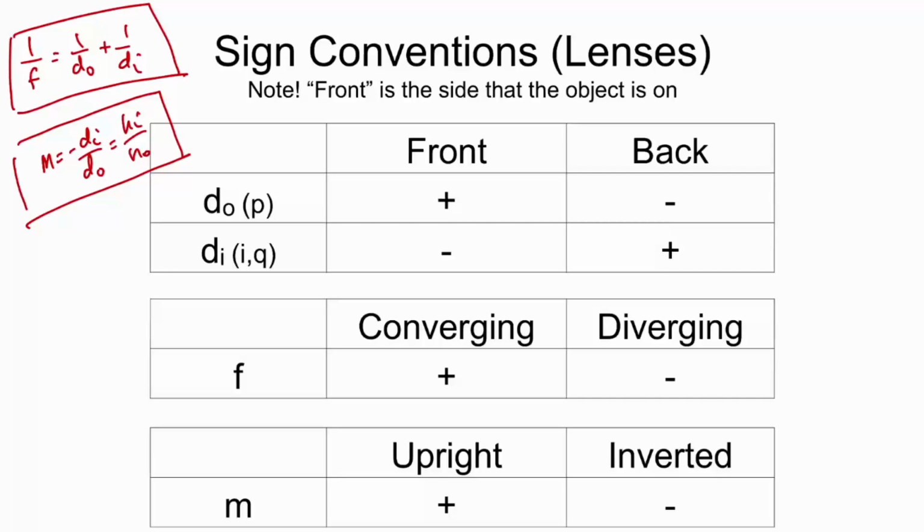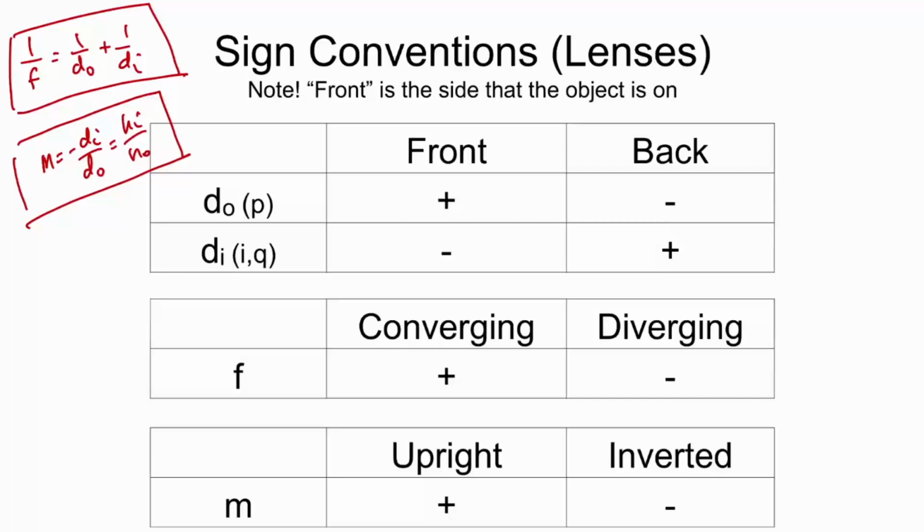So sometimes you get lulled into this false sense of security: oh, well, the equations are the same, so the conventions are the same. And you fall into this trap of thinking, oh, well, object distances are always positive because Mr. Balogh said we never do anything more complicated than that. Oh, so therefore image distance is positive when it's on the front side. That is not true. That's only true for mirrors. That is not true for lenses.